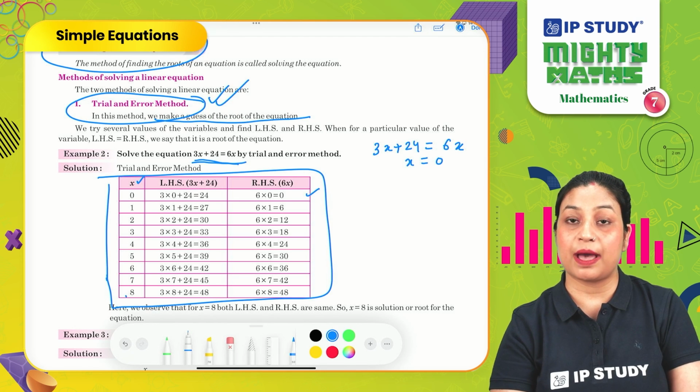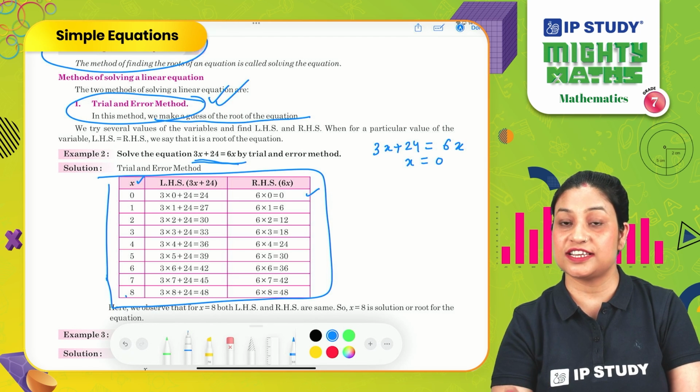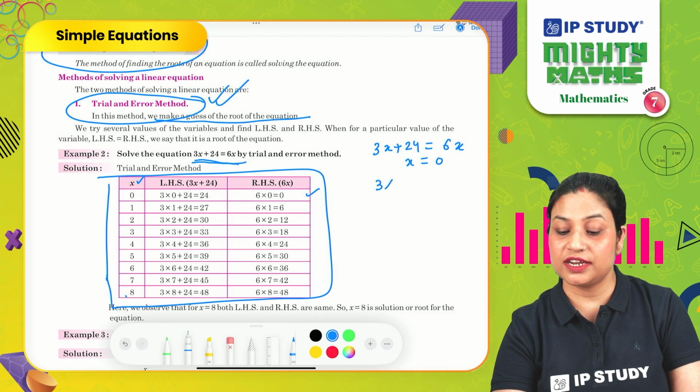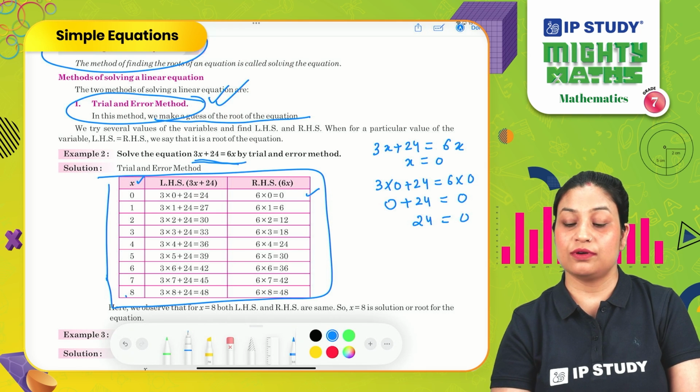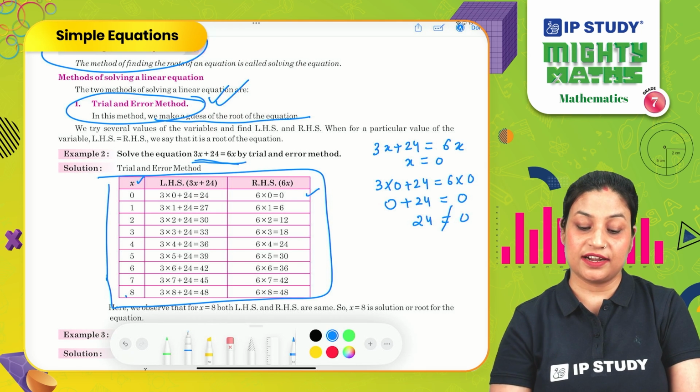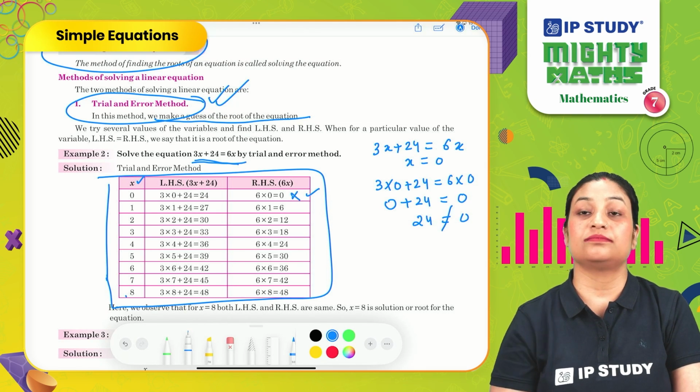So 3 into 0 plus 24 is equals to 6 into 0. So 3 into 0 is 0, plus 24 is 24, and the right side is 0. Is 24 equivalent to 0? No. It means that I cannot take this value, right?